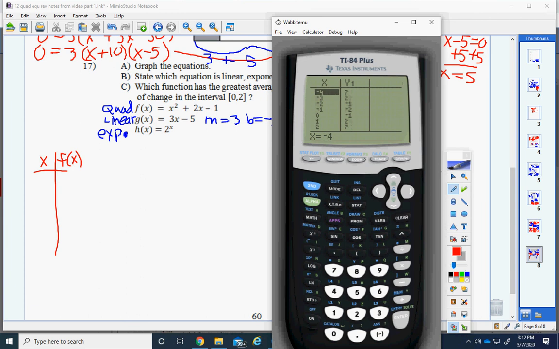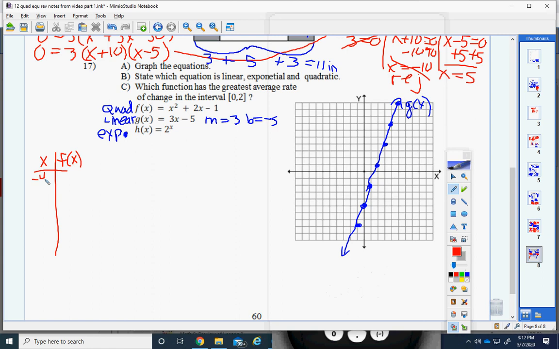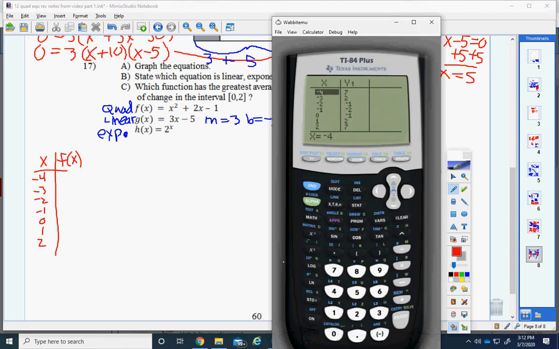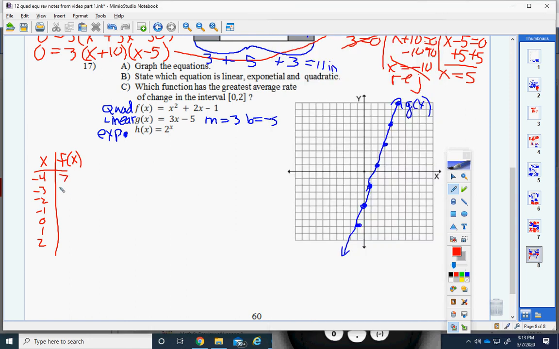Found it. From -4 to 2: 7, 2, -1, -2. And then it's symmetric. And I can graph it.